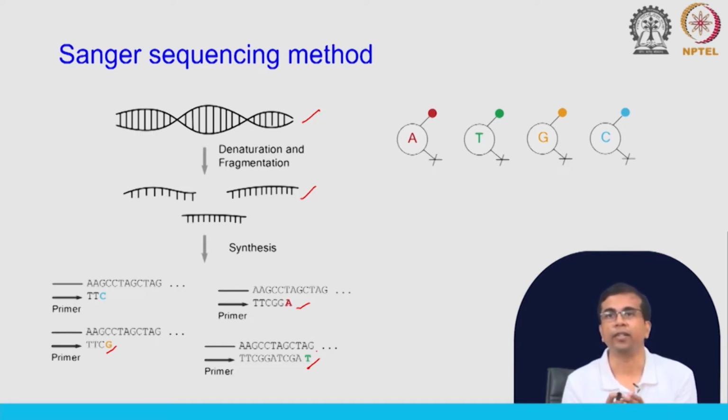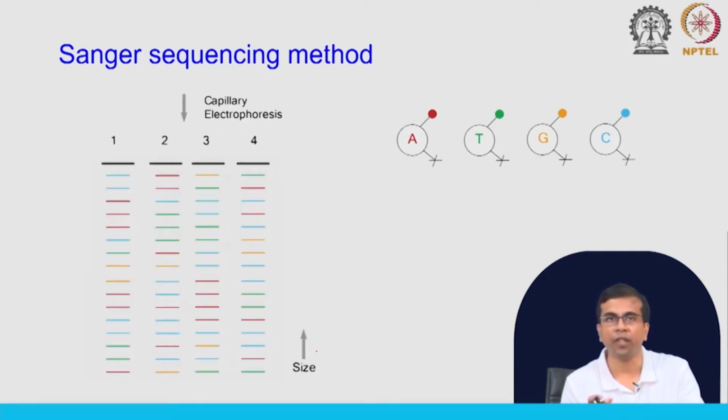You can imagine that if you have a fragment of, let us say, 100 base pairs, you will generate a lot of fragments of different sizes, with normal dNTPs but at the end one modified ddNTP. So we take these samples and run them through capillary electrophoresis. This is like your DNA gel, but of course running through a capillary, not agarose; it is a different electrophoretic medium.